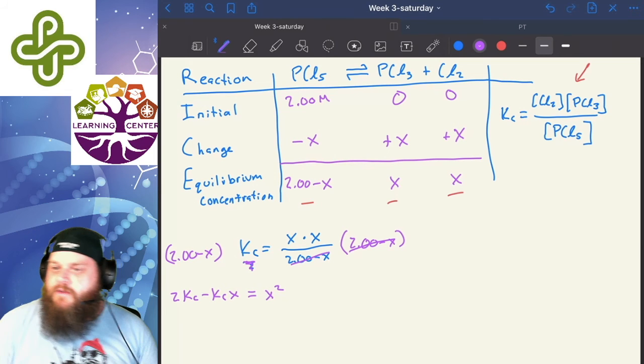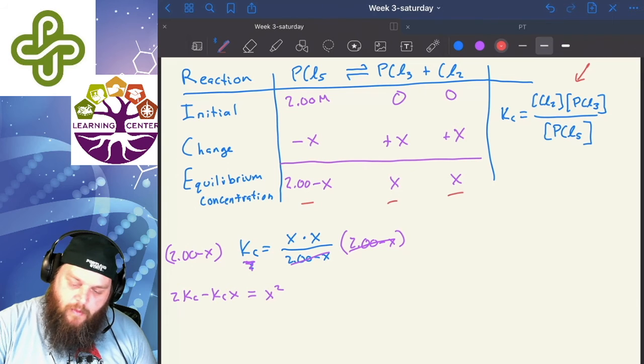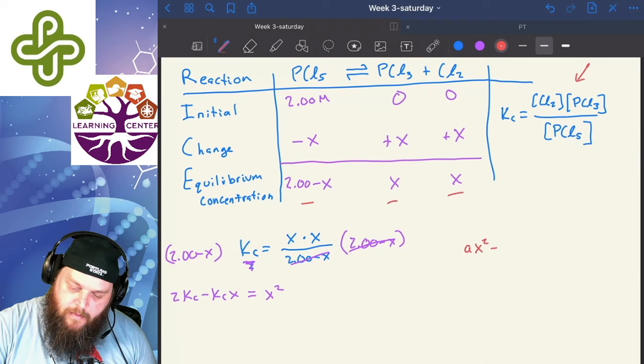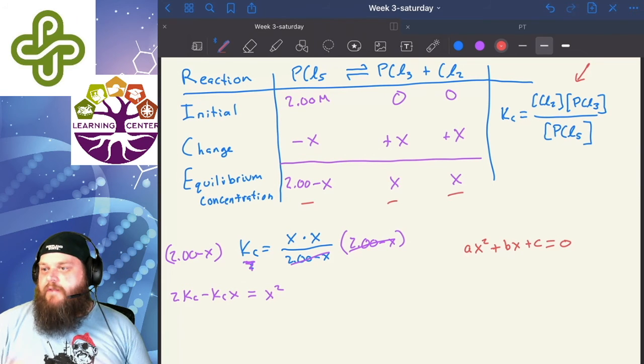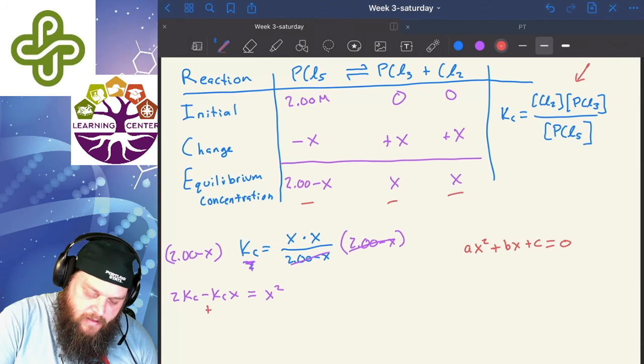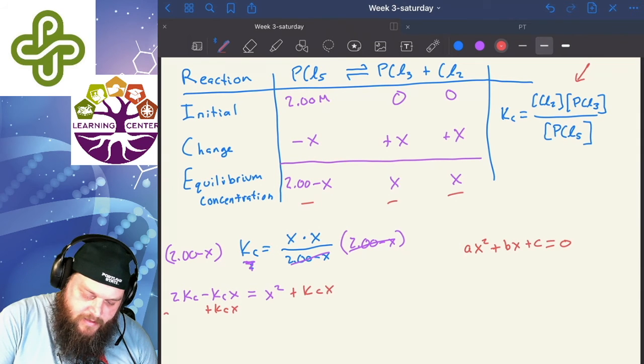And to get this into a quadratic equation so we can solve it, if we remember, we want this to be like ax squared plus bx plus c is equal to 0. And then we can plug it into our quadratic formula. So to get it into that state, we need to add Kcx to both sides. And we need to subtract 2 Kc from both sides.